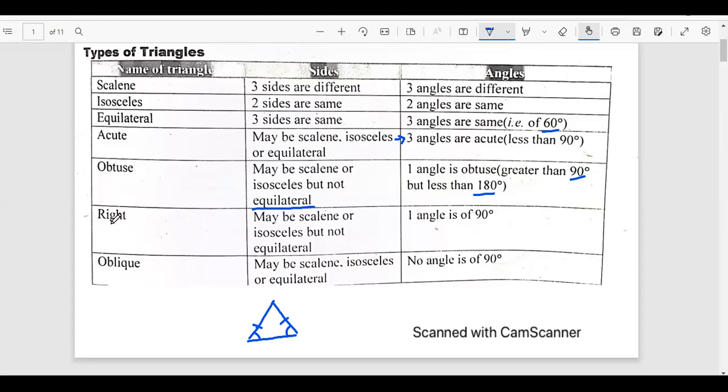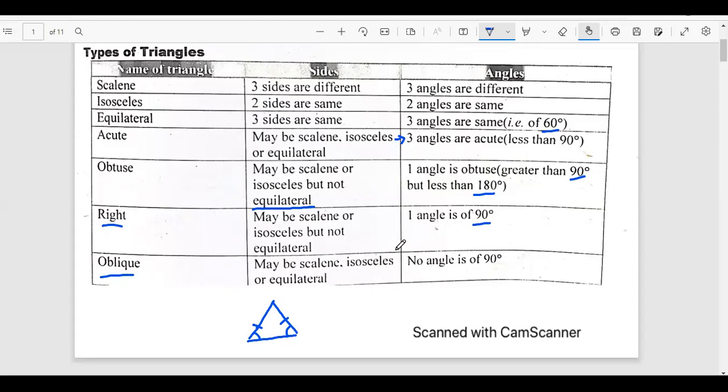For a right angle triangle, one angle should be 90 degrees. And for oblique, it could be scalene, it could be isosceles, but no angle is 90 degrees. That is the only condition here. So it could be acute as well, it could be obtuse as well, but it cannot be a right angle triangle.